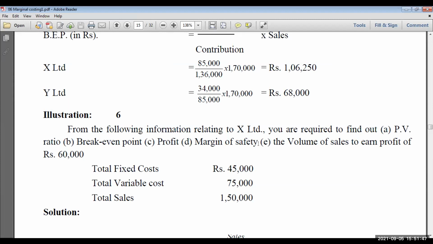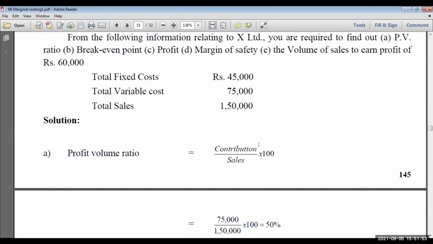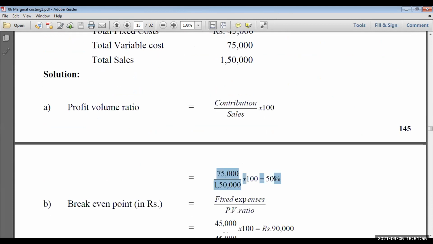PV ratio is 50% for illustration 6. PV ratio, how much? 60%. Sorry, 50%. Yes.